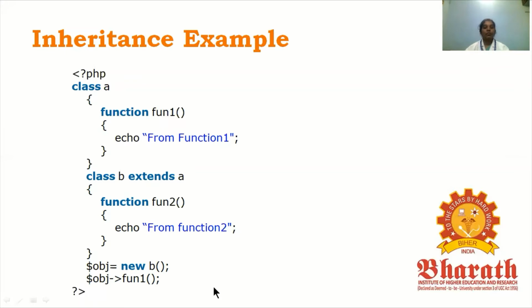We didn't create an object for the base class because the derived class inherits all the properties. So there is no need to create an object for the base class. With the help of the derived class object, we can access the method of the base class.